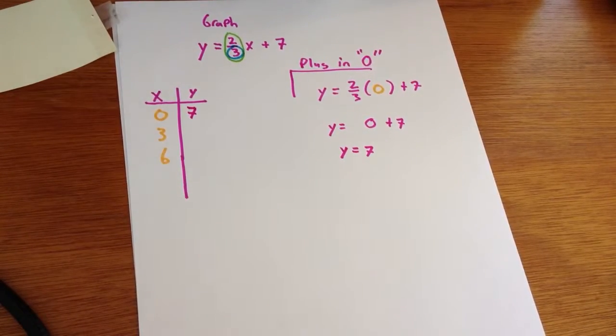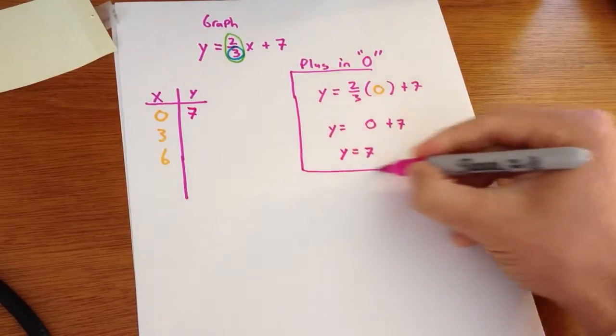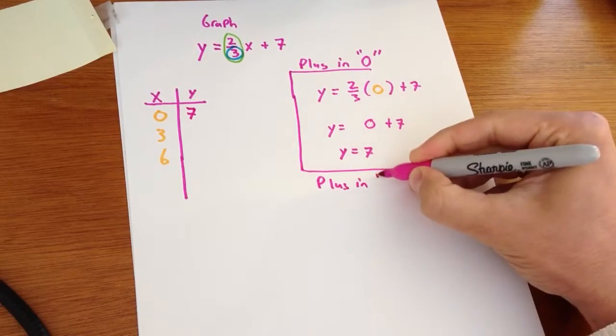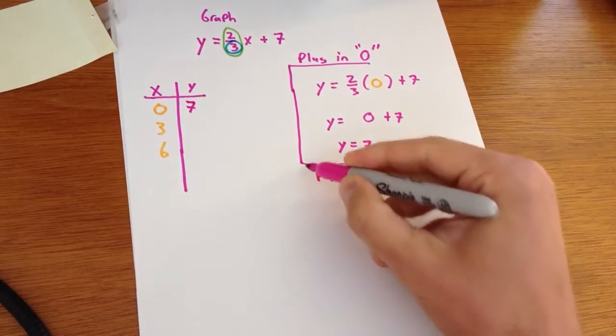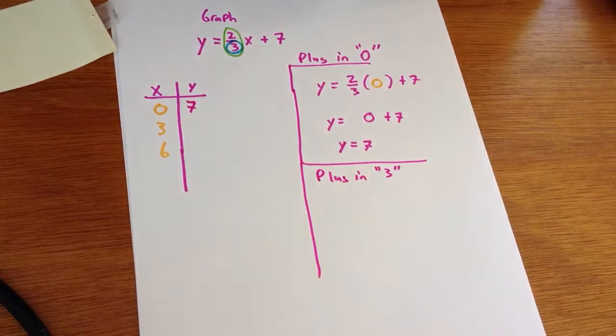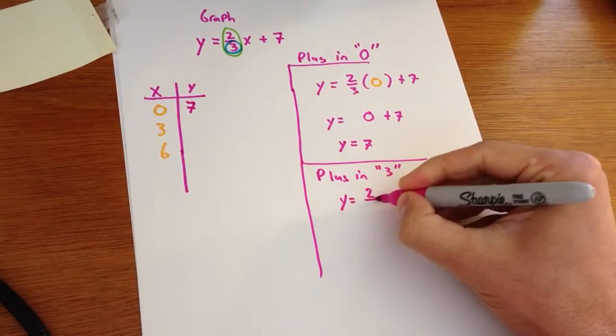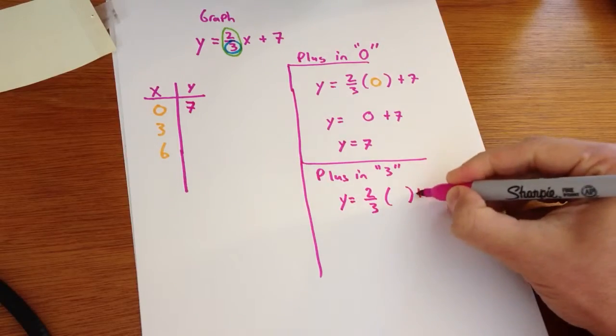Okay. Now we're going to do the same thing, but we're going to plug in 3. Y is equal to 2/3 times 3 plus 7.